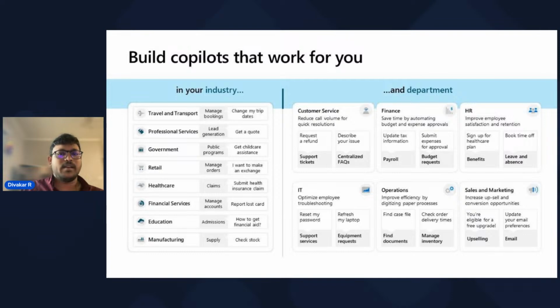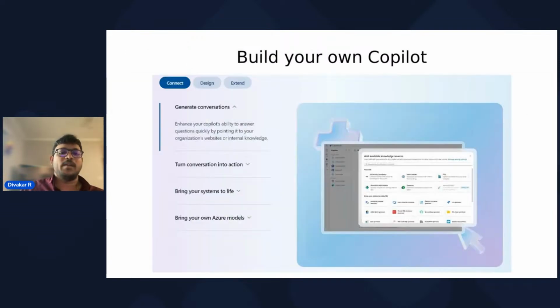Similar to that, it can do a lot of things: customer service, financials, operations, sales. These are a few of the places where Copilot will play a crucial role. Soon, we'll see how to build our own Copilot.